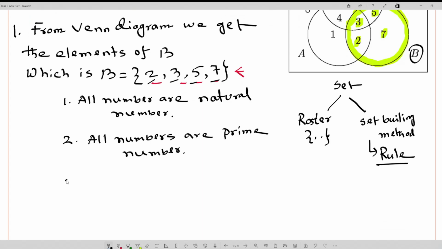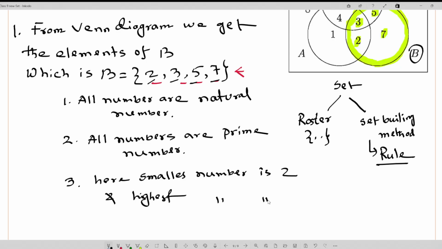And another point we can add here: smallest number is 2 and highest number is what? 7. So 2 less than x less than 7, or we can use equal sign, right?